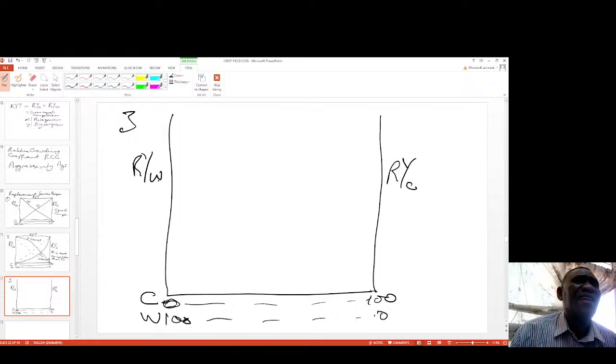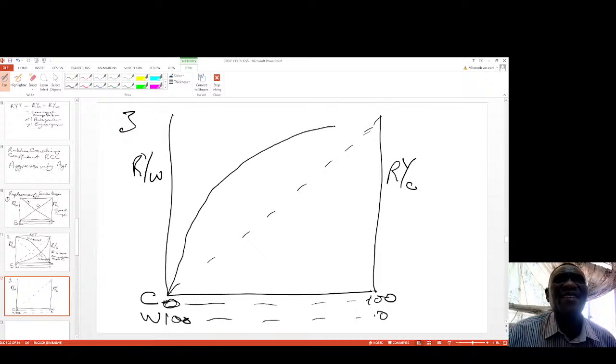Our weed here. Now let us look at the crop. Now instead of the crop going under this expected line, it goes above it. Now it is convex.